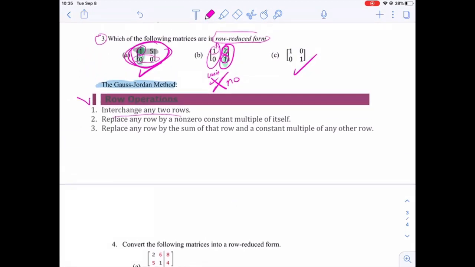Okay, the third one is that we can replace any row by the sum of that row and a constant multiple of any other row. For example, you can multiply the first row by the number 2 and add it to row 3.